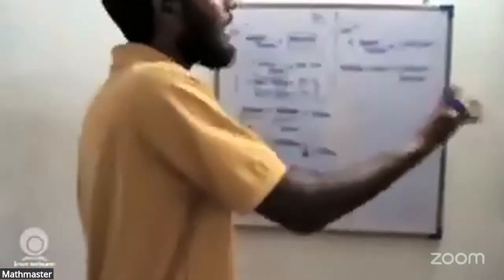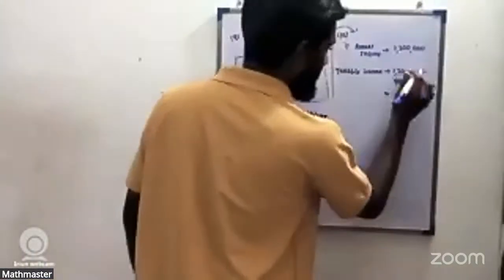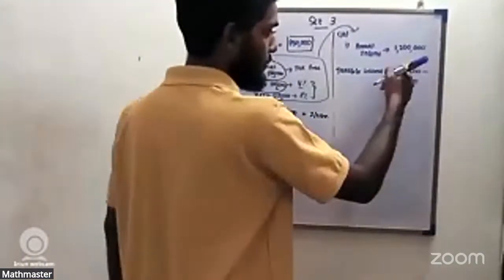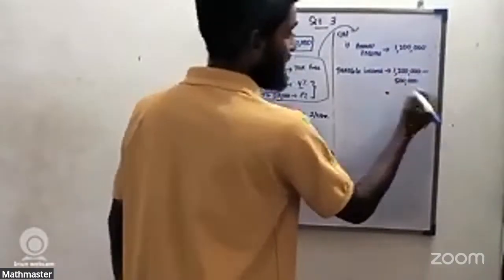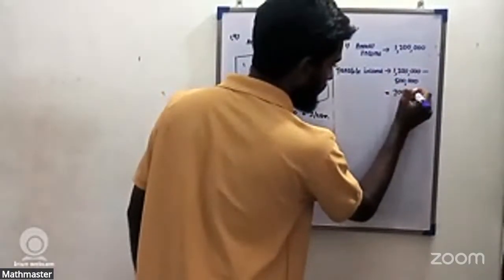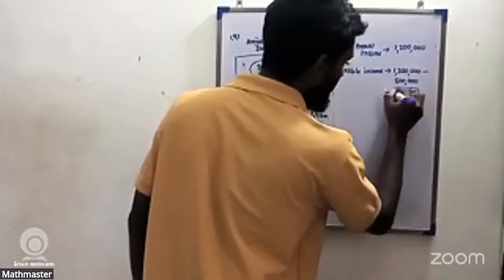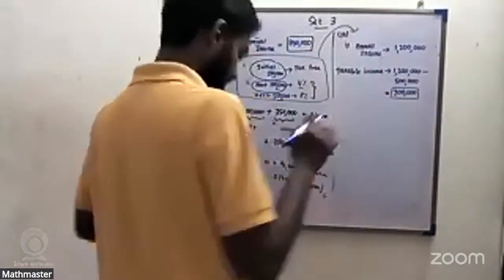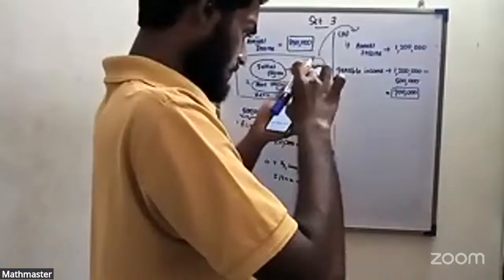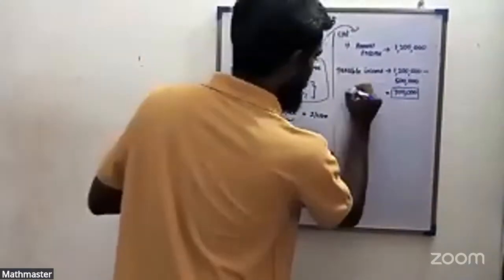After that only you have a tax. That is 1.2 million minus 500,000. The answer is 700,000. This is the amount Ranjit will pay tax for.